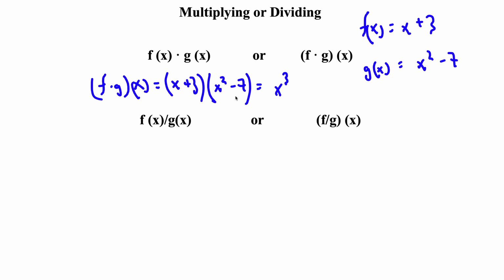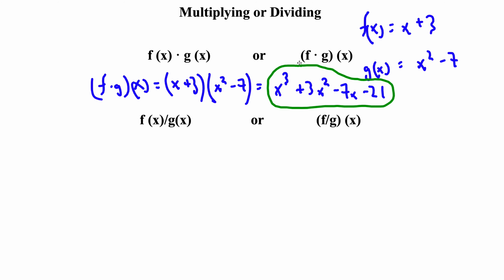I'm actually going to do 3 times x squared because I know that that's going to get me closer to standard form more quickly. And I have x times minus 7. And then 3 times negative 7 is minus 21. Which means that this right here would be the fully simplified form. I just happen to distribute it in such a way to get the simplified form quickly.